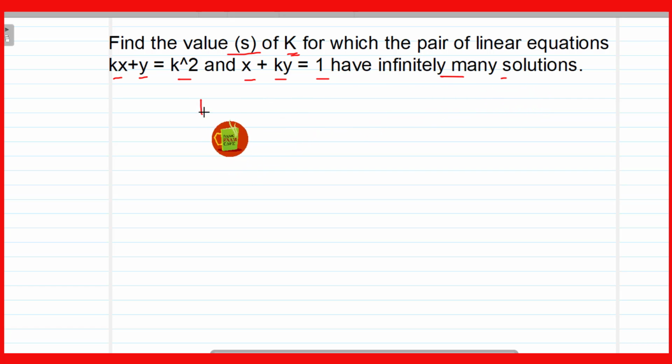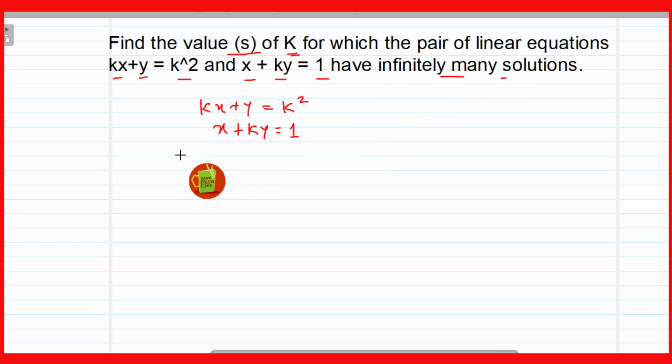The given equations are kx plus y is equal to k square, and the other equation is x plus ky equal to 1, and you have to find the value of k such that the pair of linear equations will have infinitely many solutions.